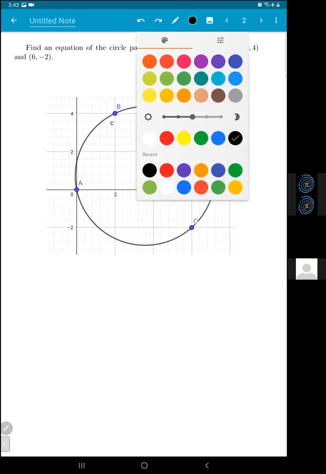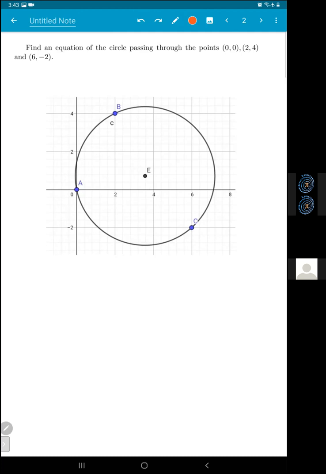If I consider, let's say, a chord passing through A and B. By the way, a chord is any line segment whose endpoints are on the circle, and the longest chord is called a diameter.